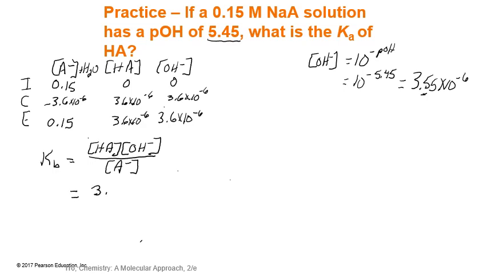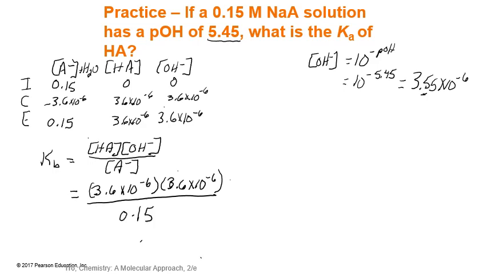So the HA, 3.6 times 10 to the negative 6th for each of our products over 0.15 for our reactants.